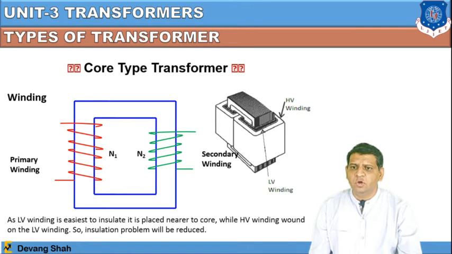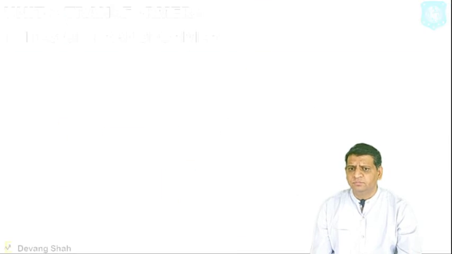You can see this is a core type of transformer where over the two limbs one cylindrical shape is the primary winding and another is the secondary winding. How the low voltage winding and high voltage winding are wound, you can check from this particular figure.